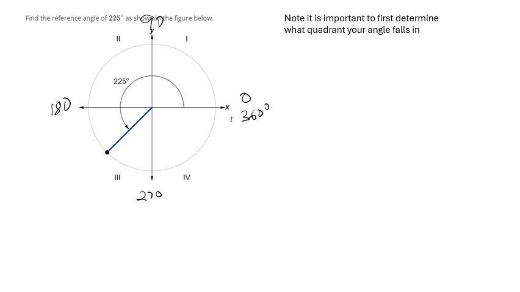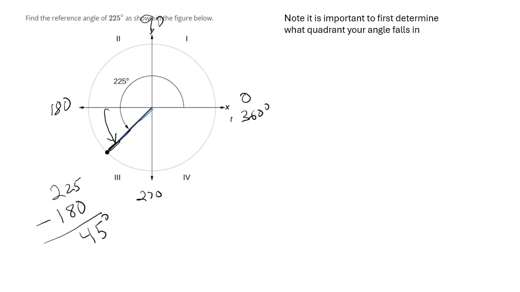But 225 is between these two quadrant angles. Well, here's the smallest positive angle the terminal side makes with the x-axis. So we're going to take 225 minus 180, and we get 45 degrees. So 45 degrees is our reference angle.